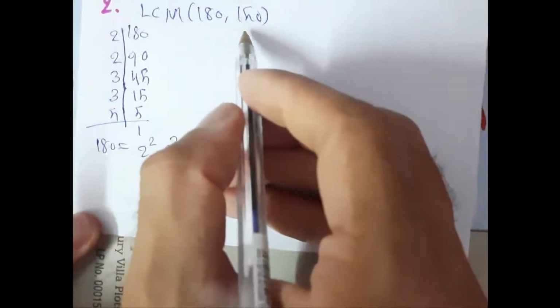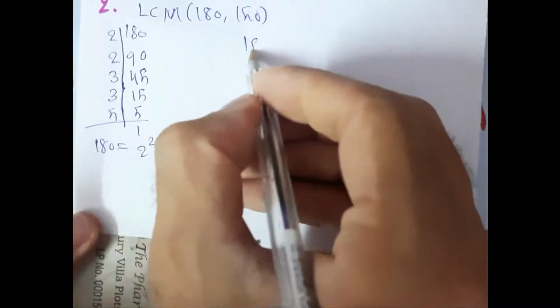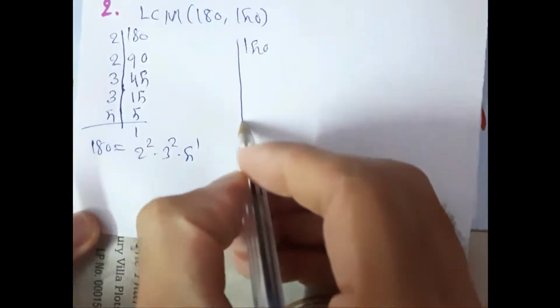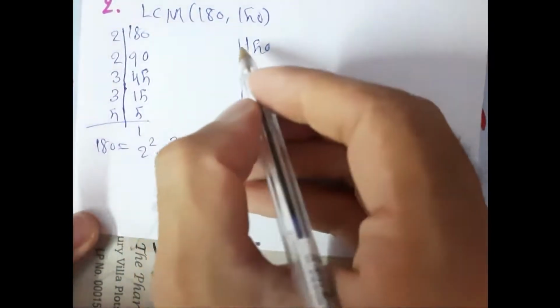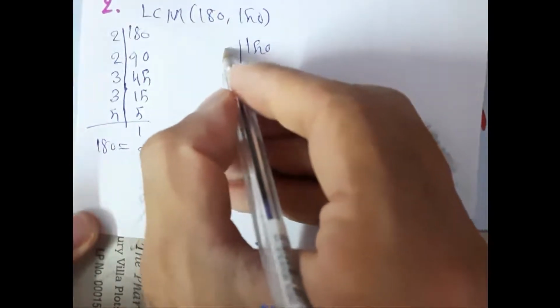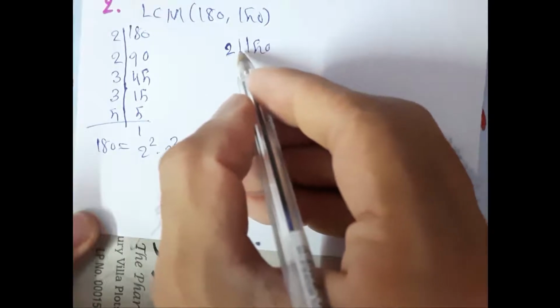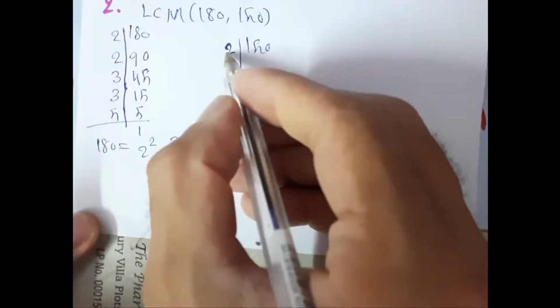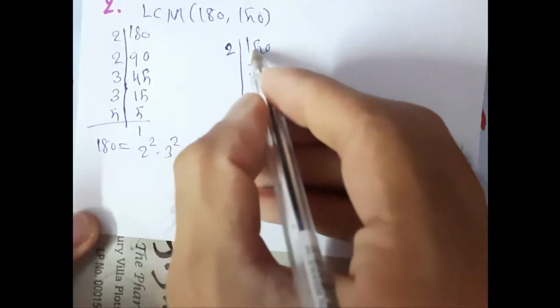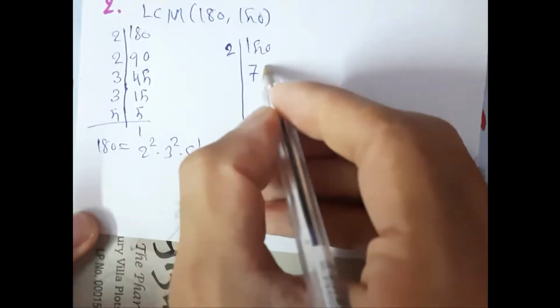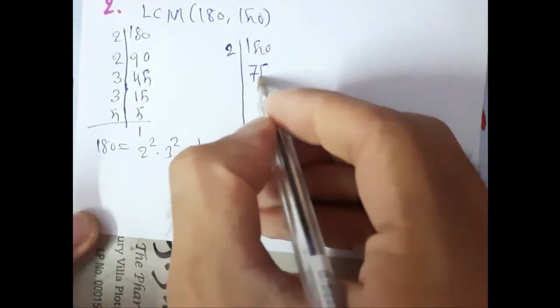Next one, 150. We want to decompose 150 into its prime factors by 2. 15 divided by 2, 7, remainder 1. Here, 10 divided by 2, 5.